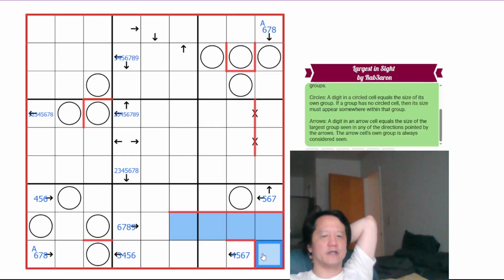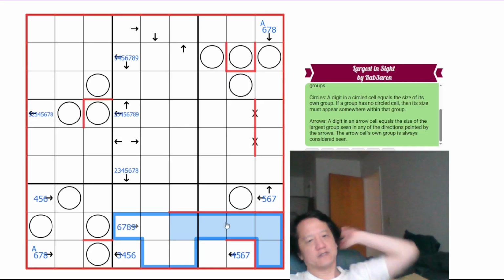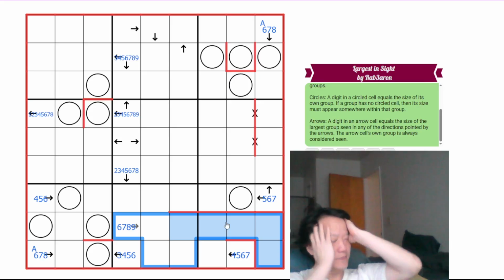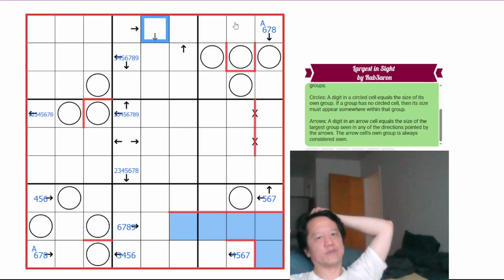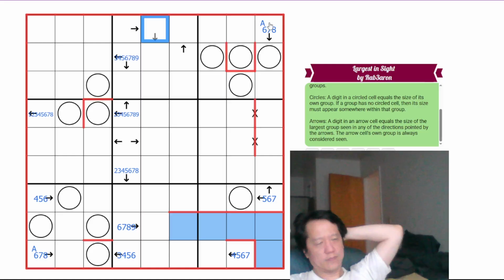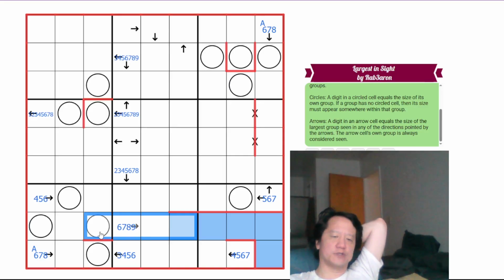So if it's 9, it can't be size 9. 1, 2, 3, 4, 5, potentially 6, 7, 8, 9. That would be a size 9, but it can't be a size 9 group, because if it crossed here, this has to find some group that's larger. So this can never reach to the circle. Now that's interesting.